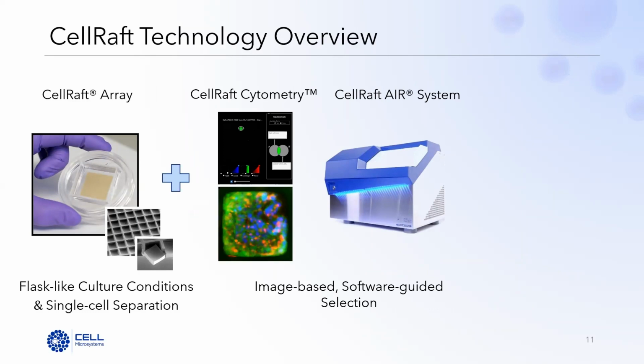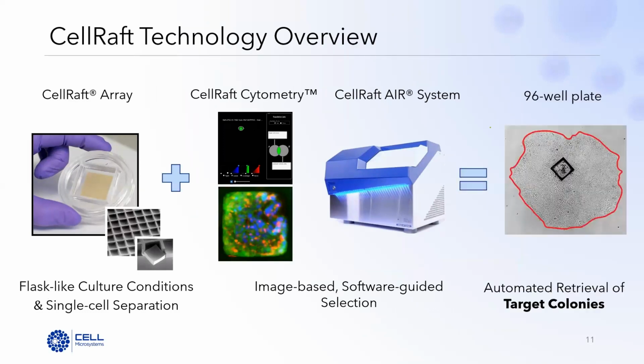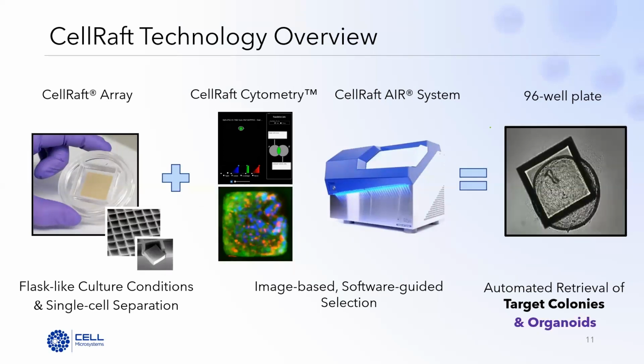And then once we find them, we're able to transfer them into 96 well collection plates without any manual pipetting, fluidics, or enzymatic dissociation. And while this technology was originally developed for 2D workflows, we found that these features were uniquely suited to fill this unmet instrumentation gap in automating organoid workflows.